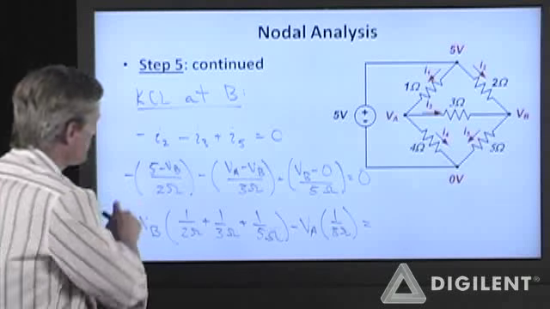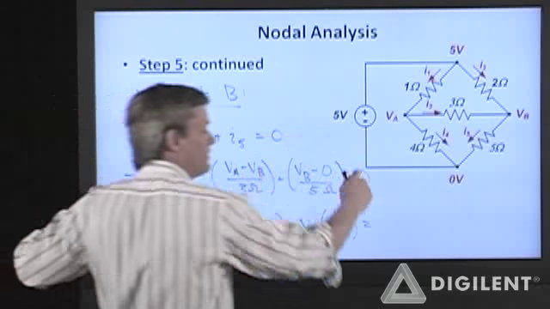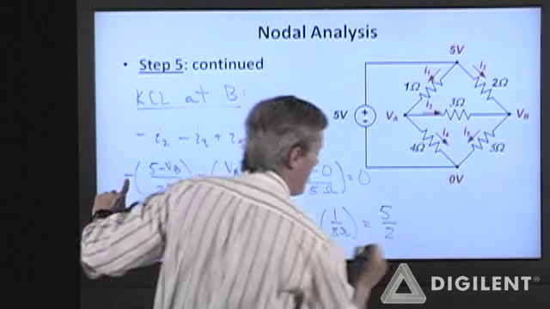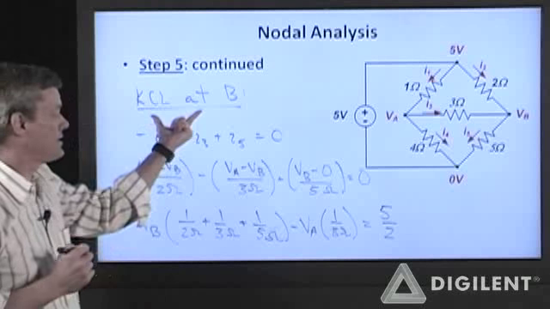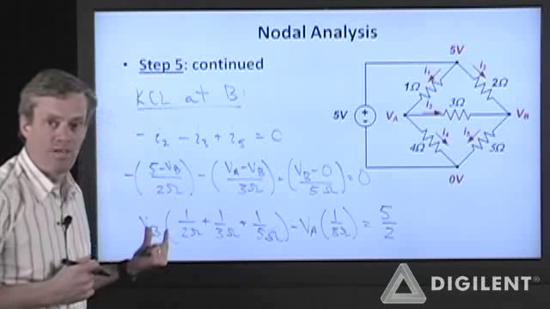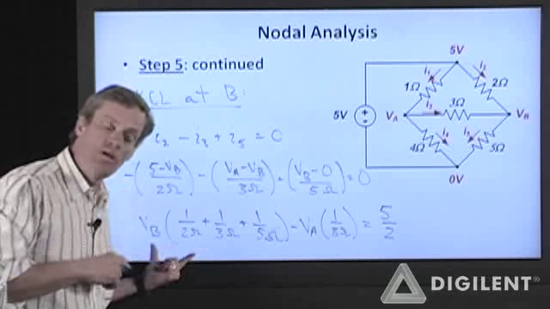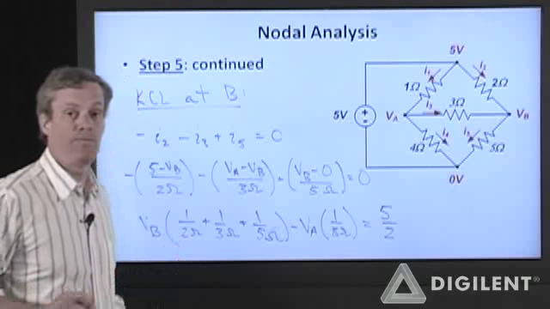And that is equal to this negative 5 over 2. If I take negative 5 over 2 and move it to the right-hand side, it becomes a positive 5 over 2. This is my second equation, KCL at B. It is in terms of my unknown voltages, VA and VB. I now have two equations in two unknowns. I can solve those equations for VA and VB.